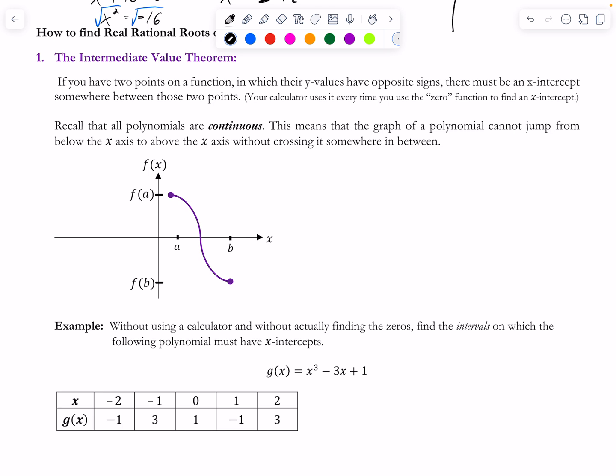So you can see here, this y value is positive, crossing the x-axis down to get to a negative y value. So if you know the function is continuous, then you can use this.